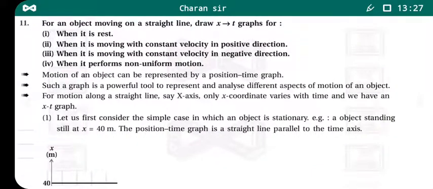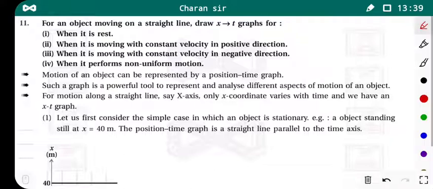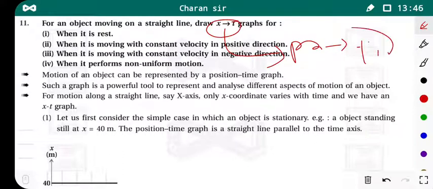Now our next topic, that is, we draw the position versus time graph for the different cases. So first of all, what is the x versus t graph? So here this is the x versus t graph, that means position versus time graph.